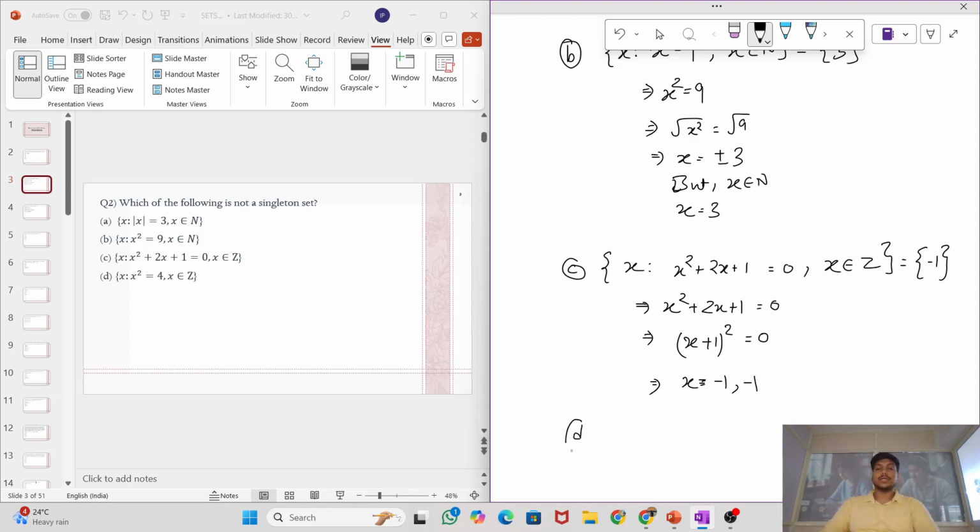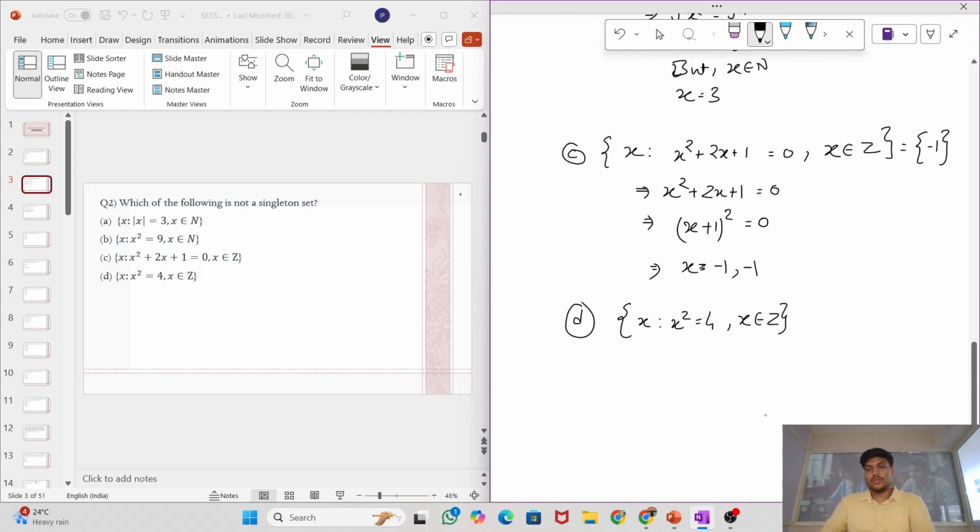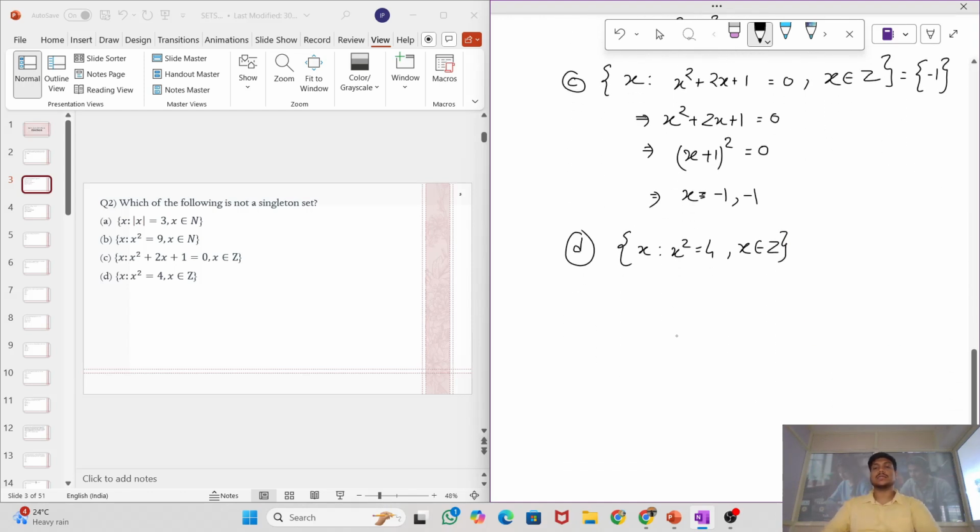Let's talk about option D. Here the given condition is x square is equal to 4 and x belongs to the integer set. If I take the square roots on both the sides, I will get x is equal to plus or minus 2. But x belongs to Z. That means x could be plus 2 or x could be minus 2, because both elements belong to the integer set.